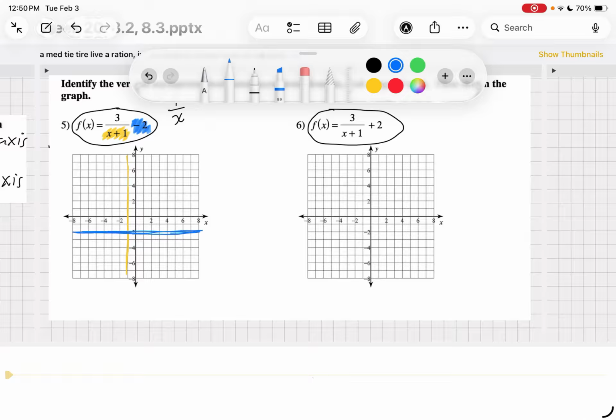Okay? And then my last transformation is the 3, which is going to move my points away from the new asymptotes, okay? The new axes, if you want to call it that, okay? So if I were to type this in my calculator to just get an idea of where those points are, I can actually do this on my screen. Let's look at our graphing calculator.